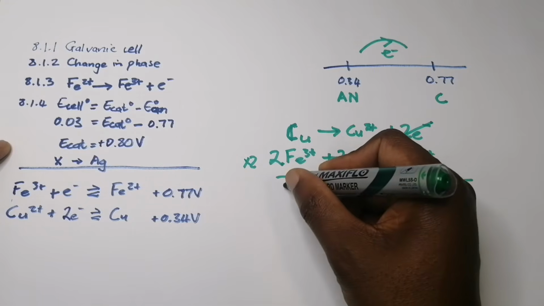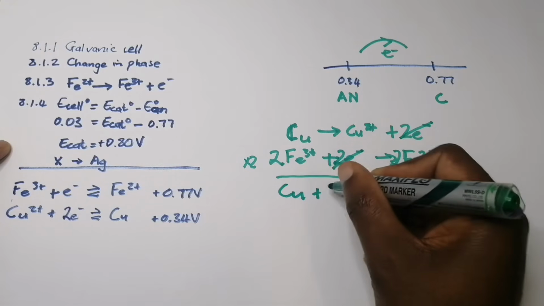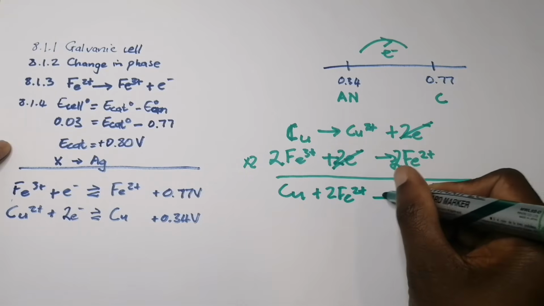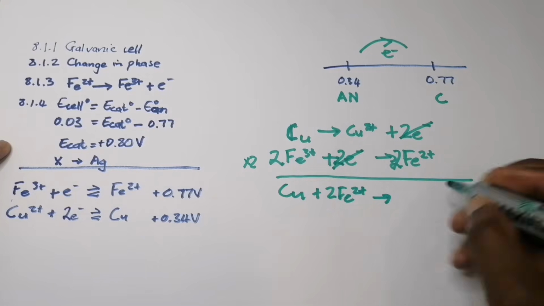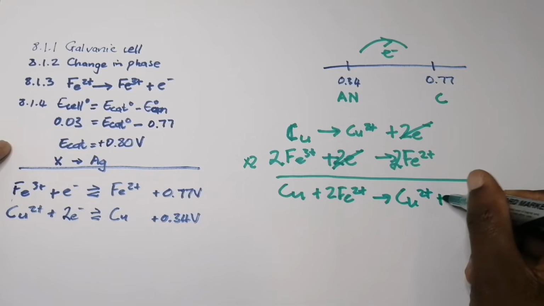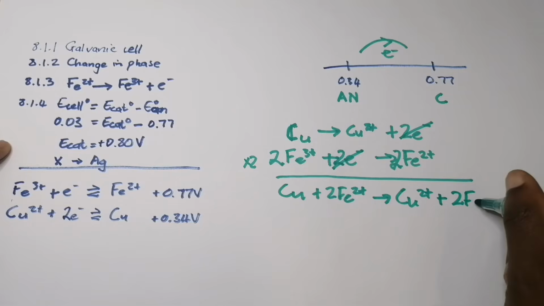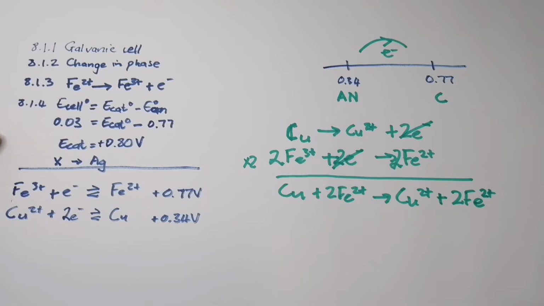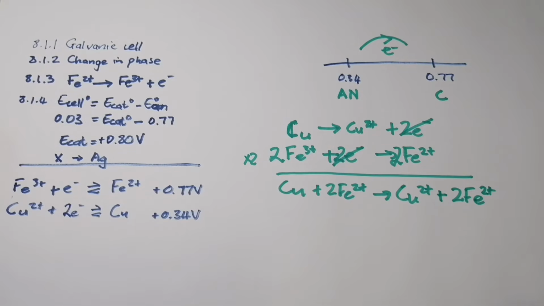So that's copper plus 2 Fe3+, which will give me, now everything on the right hand side, copper 2+ plus 2 Fe2+. And you can see how easy it is to really get that in terms of electrochemistry.